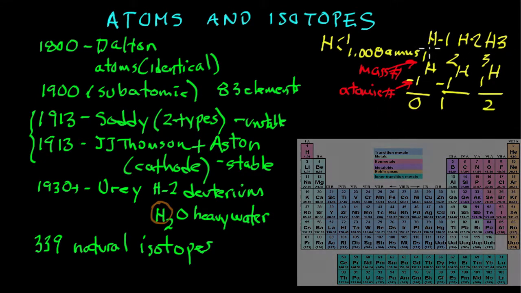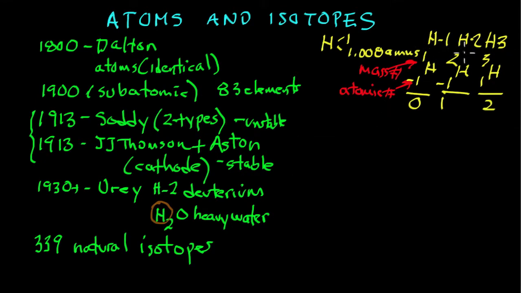Hydrogen is the only element that has isotope names. Hydrogen 1 is called protium. Hydrogen 2 is called deuterium. Hydrogen 3 is radioactive, called tritium.